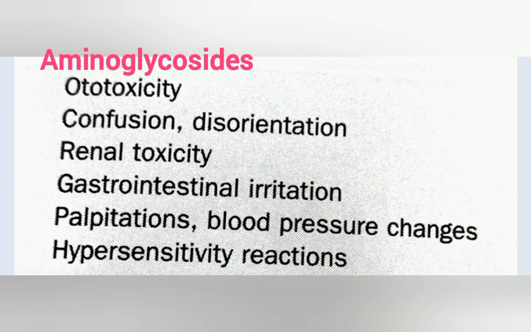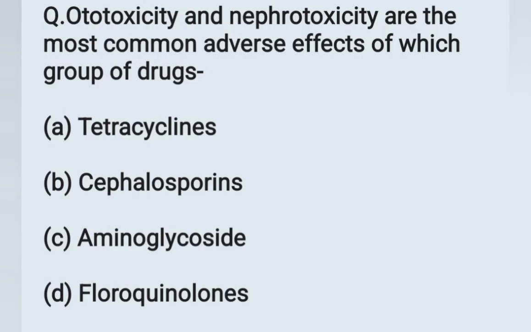It includes ototoxicity, confusion, disorientation, renal toxicity. Renal toxicity is nephrotoxicity. Other side effects include gastrointestinal irritation, palpitation, blood pressure changes, and hypersensitivity reactions. So here our correct answer is option C aminoglycosides.